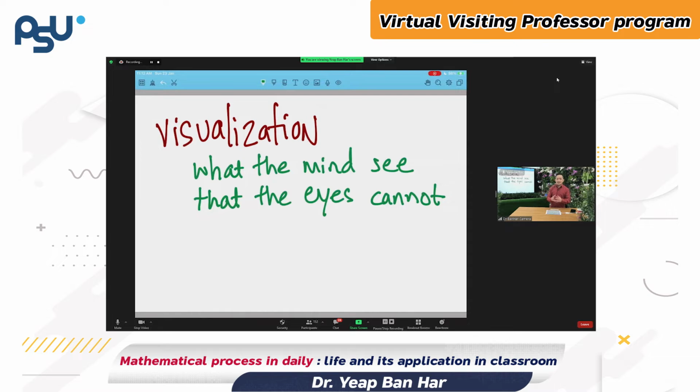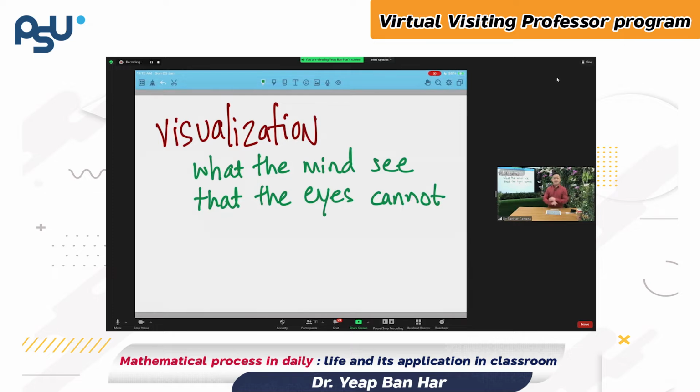As the English saying goes, a picture paints 1,000 words. So why will the teacher try to explain what an atom is when the teacher can use diagrams or animation, or even better, a model. So visualization we need in mathematics, but you also need it in chemistry or physics.